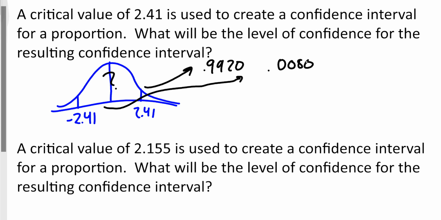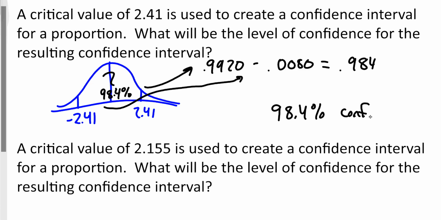If we subtract them, that gives us what's in the middle, which has got to be 0.984. So if this is 0.984, this is 98.4% in there. This is a 98.4% confidence interval or confidence level. Okay? So that's how you can go backwards if you know the critical value.